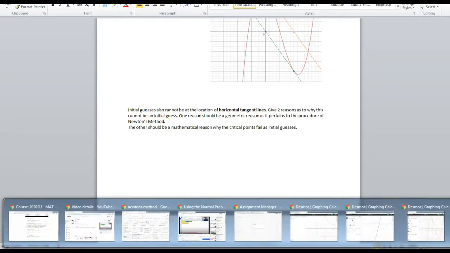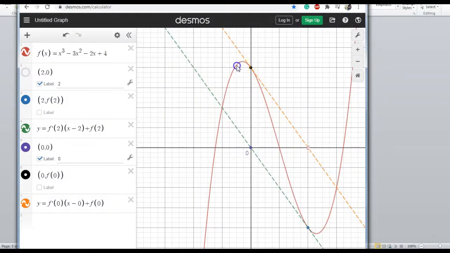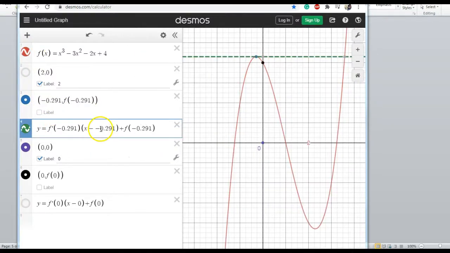Remember that a horizontal tangent line is like these places right here. So if I did -0.291, minus is a plus, but hopefully you can see why this would be problematic. I'm supposed to guess the 0.